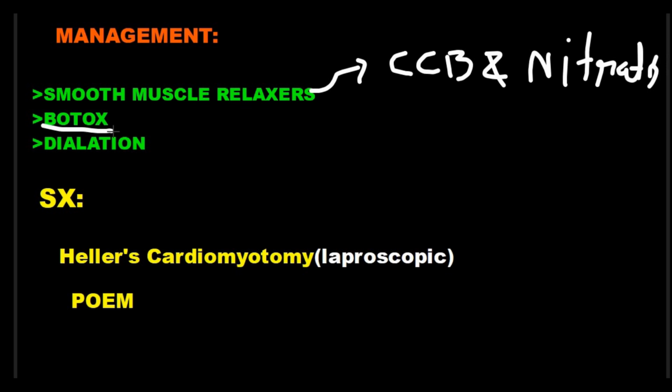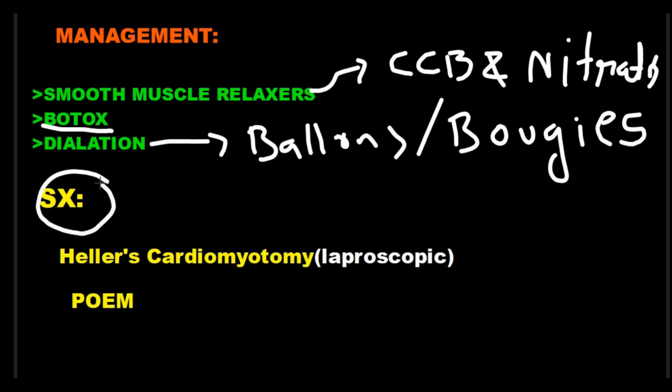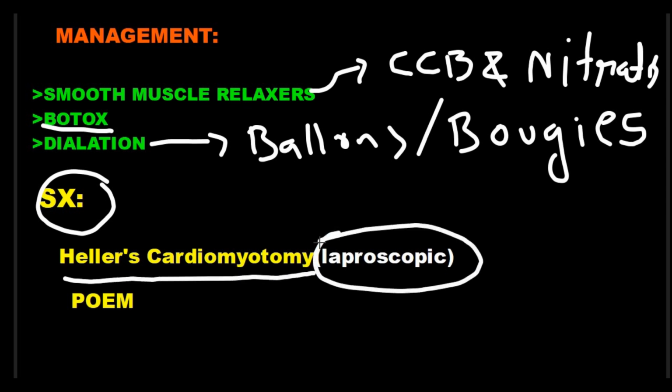And we also try to dilate the LES directly with the help of balloons or bougies. The surgery of choice for this condition is a Heller's cardiomyotomy with the laparoscopic approach.